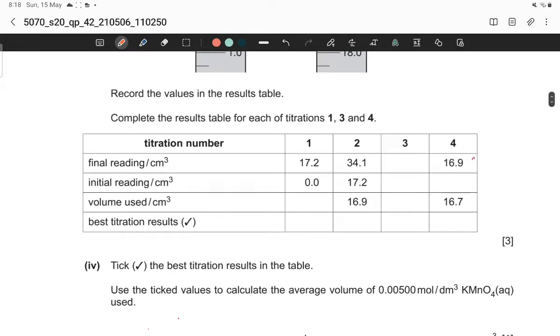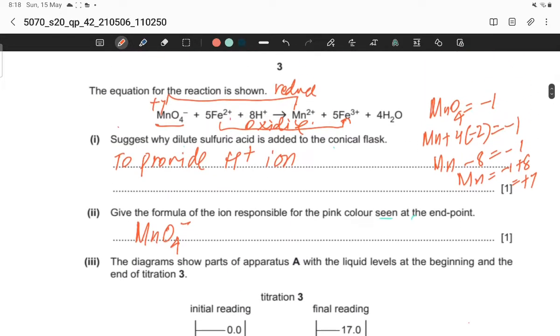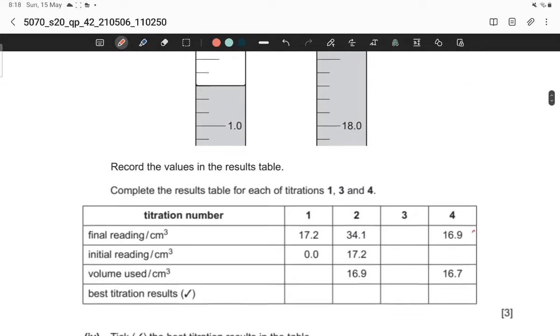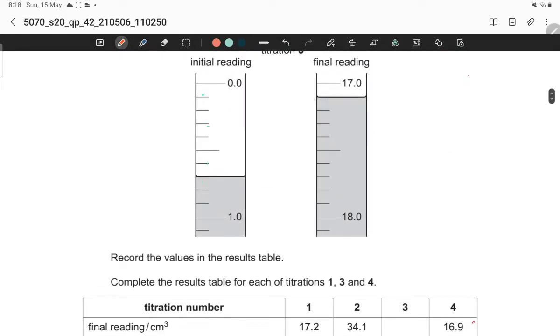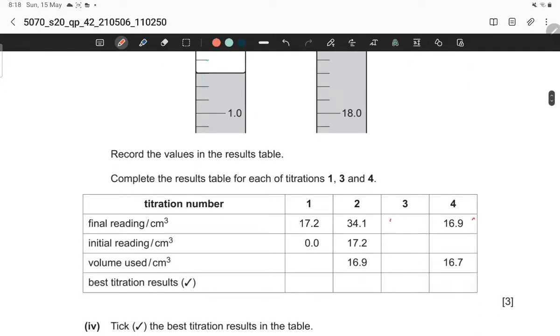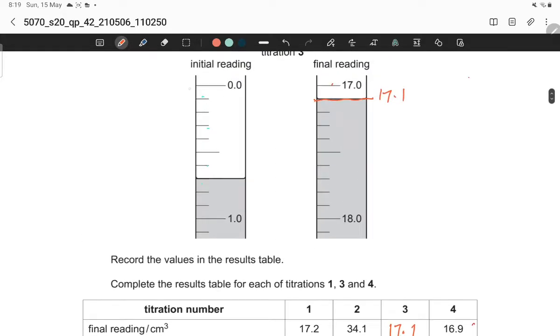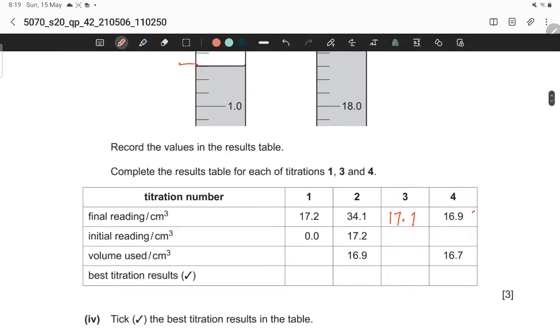The final reading is 17.1. This is 17 and over here 17.1. And the initial reading is 0.7.